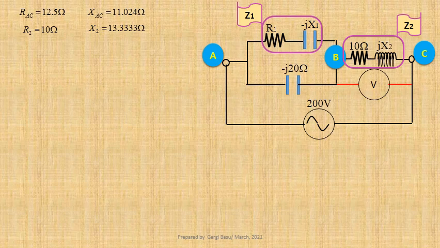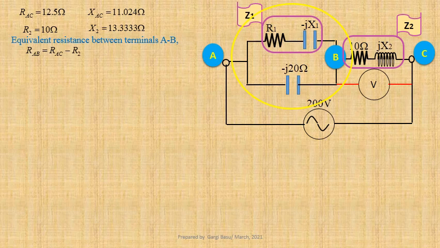Equivalent resistance between terminals A and B, RAB equals RAC minus R2, that is 12.5 minus 10, that gives us 2.5 ohm.